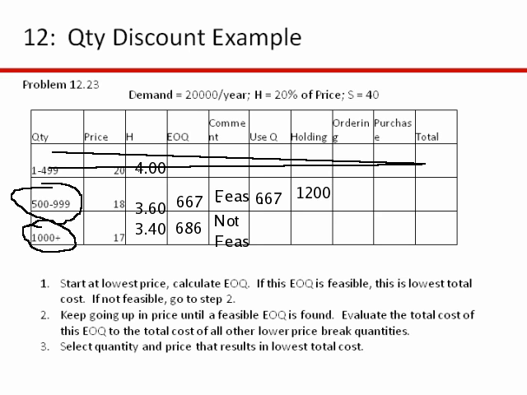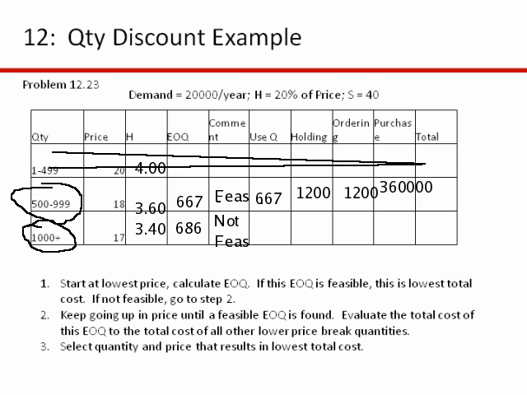Okay? This makes sense because we know at the EOQ, our ordering and holding costs are equal. Now the purchase cost is going to be the price, which is $18, times the demand, which is 20,000. So the purchase cost is going to be $360,000.